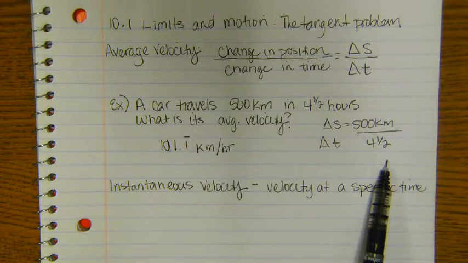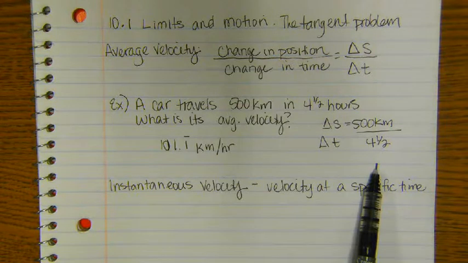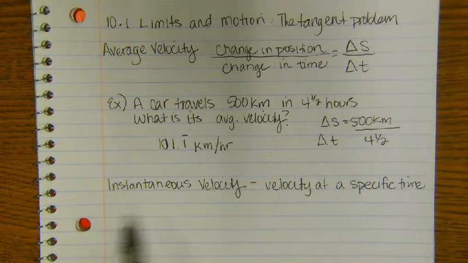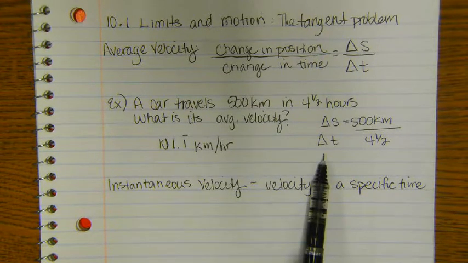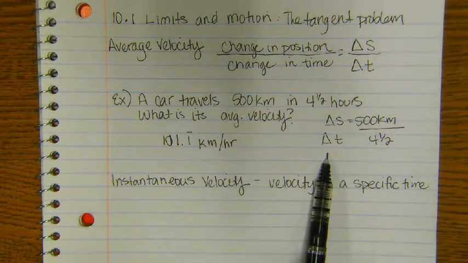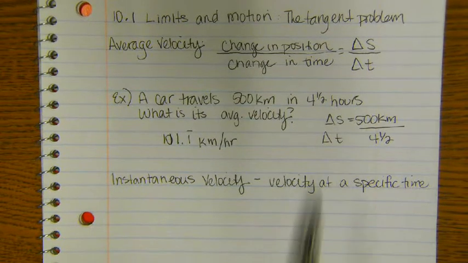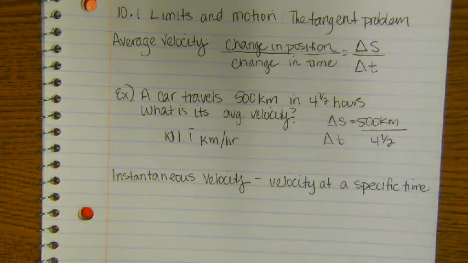But if I said, what was its instantaneous velocity at 1 second, do you see how I don't have a change in time then? I'm just saying at 1. What mathematicians discovered is there's a way that we can try to figure that out. This is kind of the basis of where calculus actually comes from, this problem. So we're going to zoom in at a certain point, and hopefully you're going to see that it's going to be evaluated using a limit.